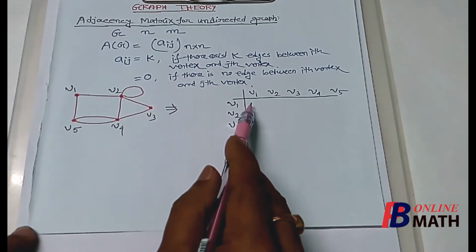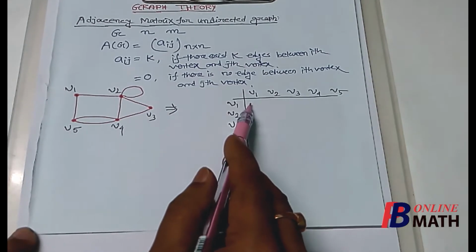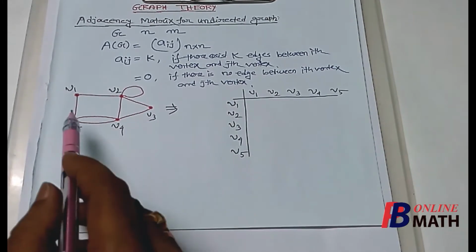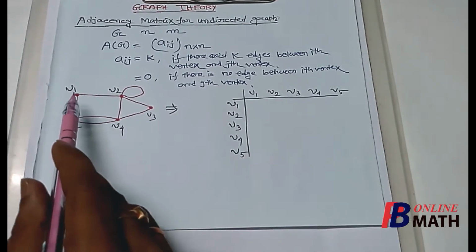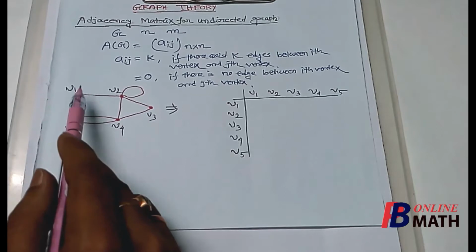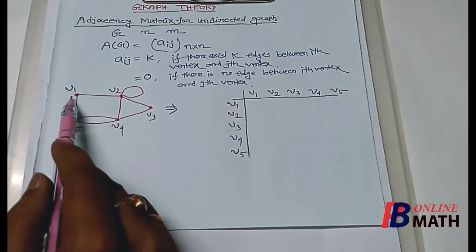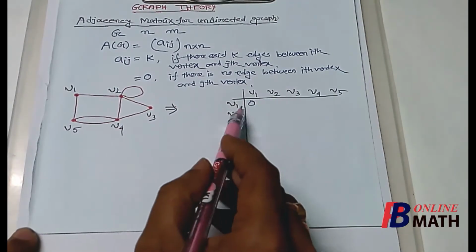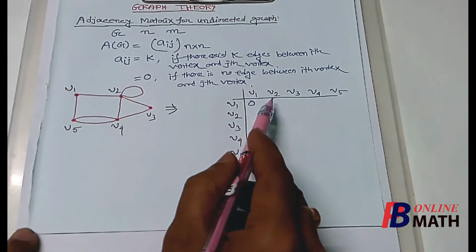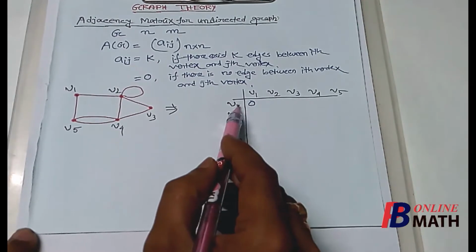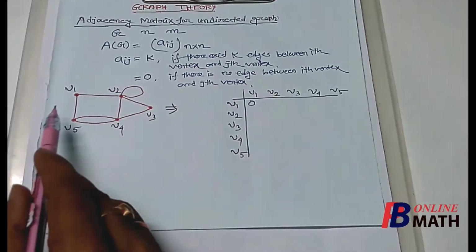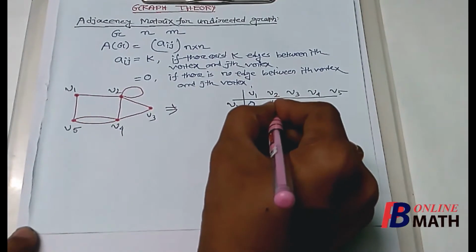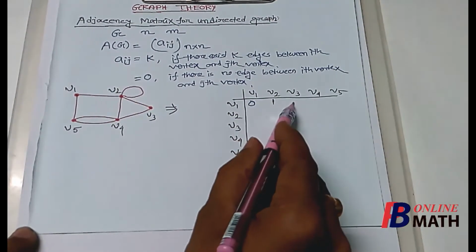Now we are starting from this element. That means let us find whether there is any edge between V1 to V1. That means we have to find whether there is any self loop between V1 and V1. We find that there is no self loop, so we shall put 0 here. Next we find this element. That means we shall find the number of edges between V1 to V2. Here we find that there is only one edge between V1 to V2, so we shall put 1 here. Next this element.